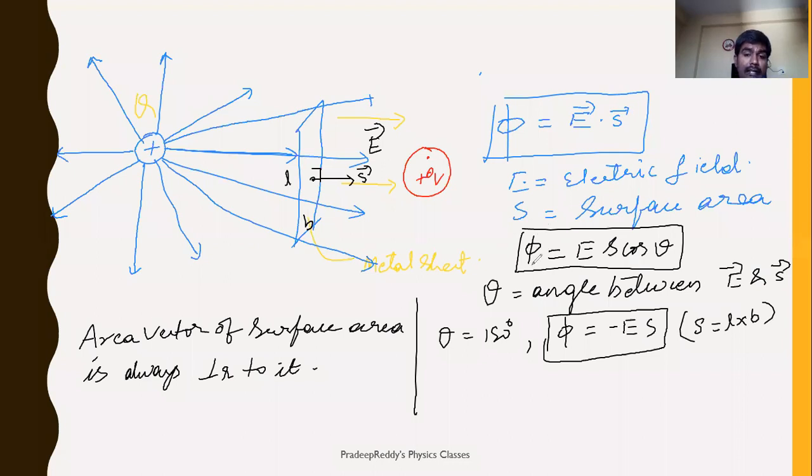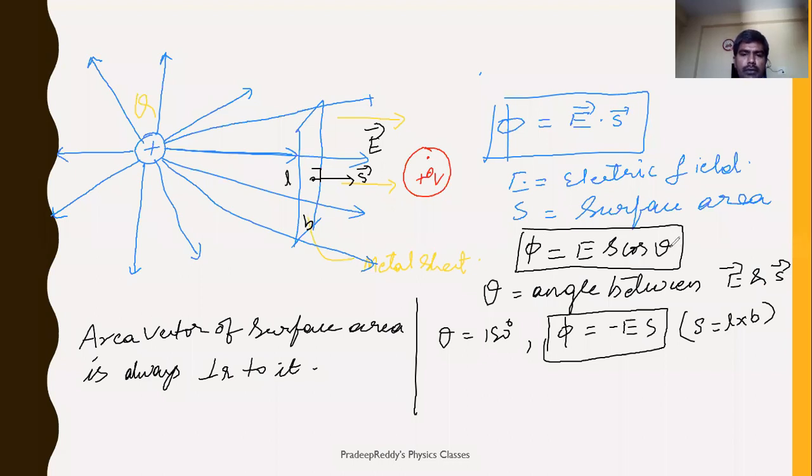Remember, electric flux not only depends on electric field and surface area, it also depends on the orientation of the surface area with respect to the field. Phi will be variable depending upon theta. If theta is 0, then cos 0 is equal to 1, and phi will be maximum.